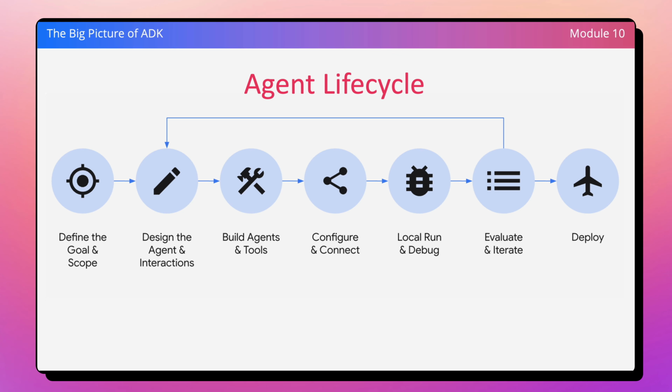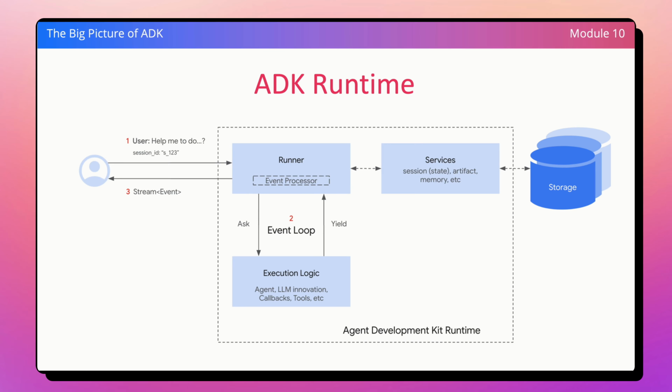But what is very important while learning and mastering ADK is the way it is structured. So let me explain how this works by taking you behind the scenes of the ADK runtime. The ADK runtime essentially has three building blocks. The first one is the runner. Now this is the orchestrator or the heart of the ADK runtime.